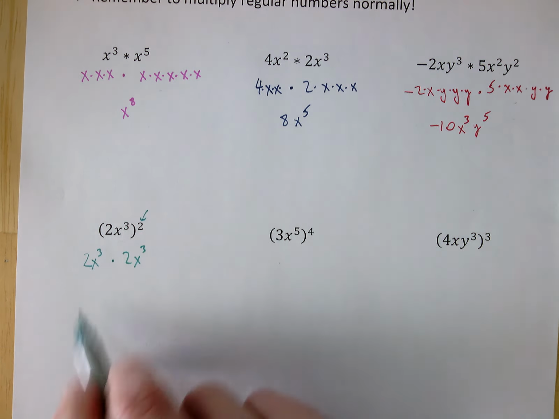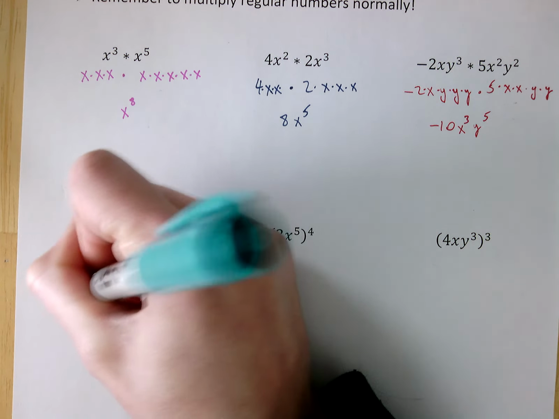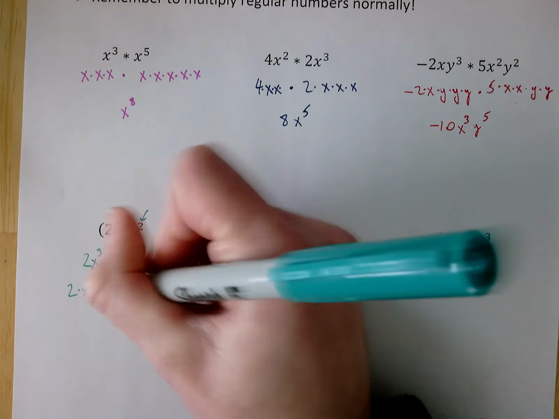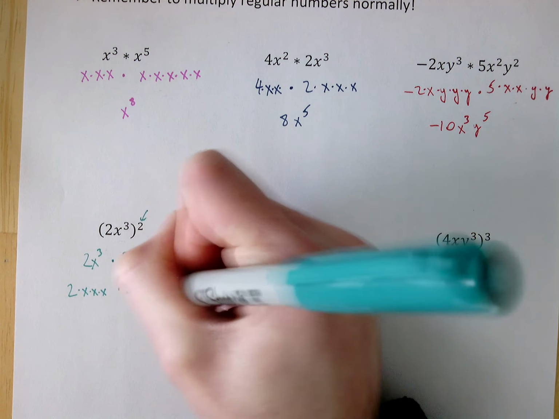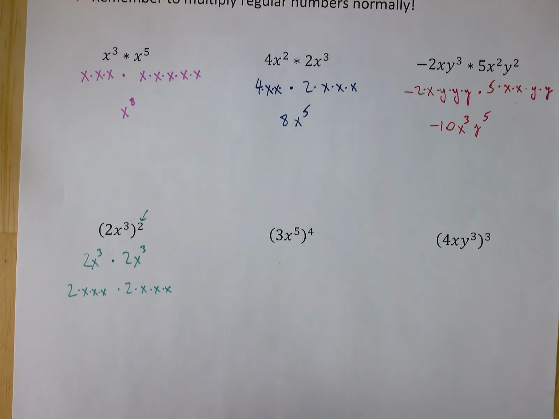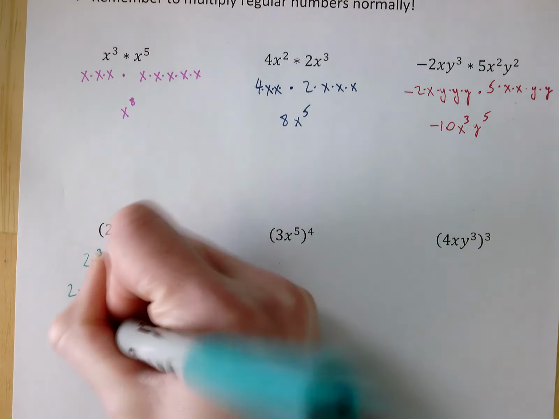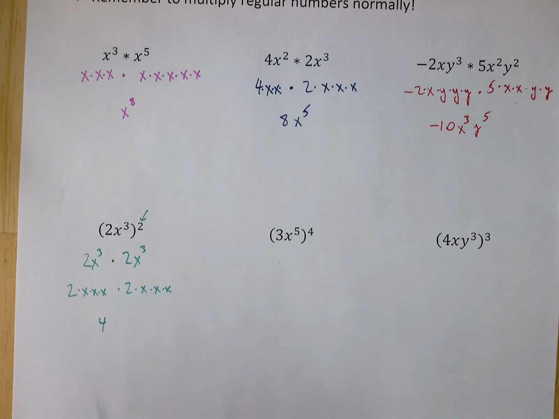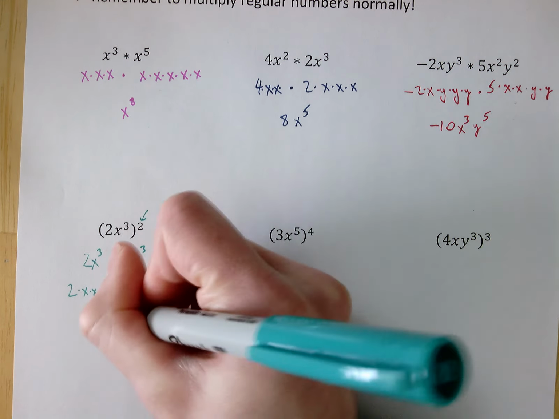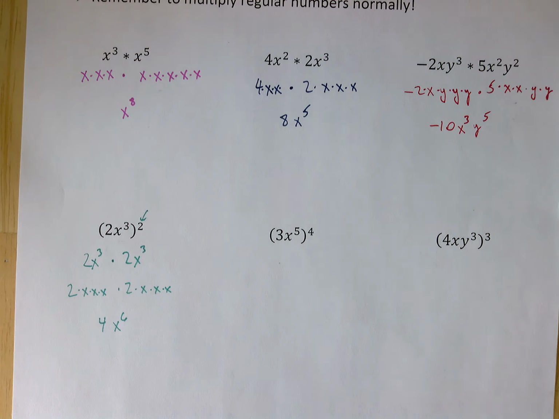This means 2 times 3 x's, and this one means 2 times 3 x's. So I can multiply 2 and 2 and get 4. And then I've got 1, 2, 3, 4, 5, 6 x's. By definition, multiplying 6 x's together is x to the 6th. So there's our simplified answer.